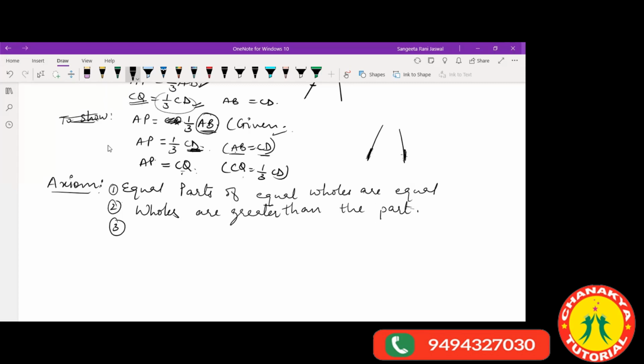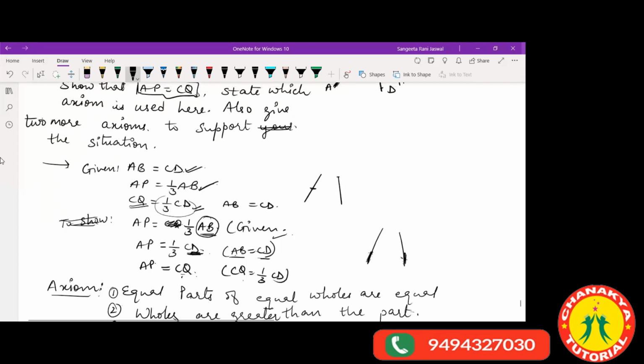Things which are equal to the same things are equal. We were given some equal things.